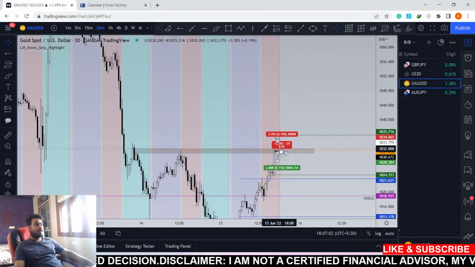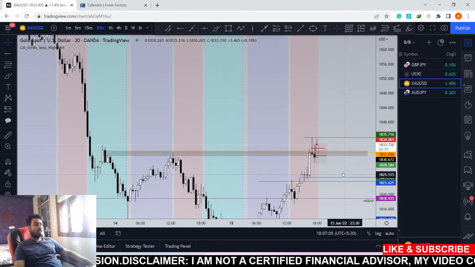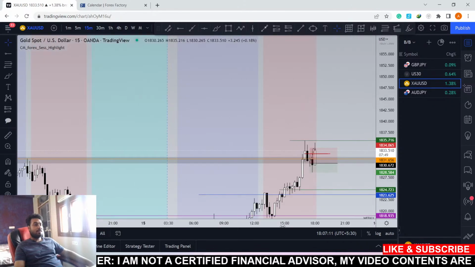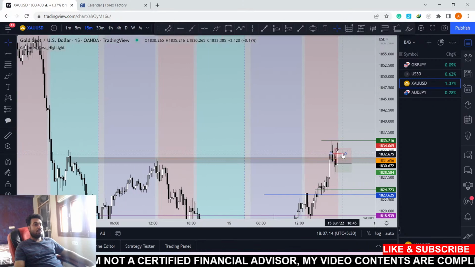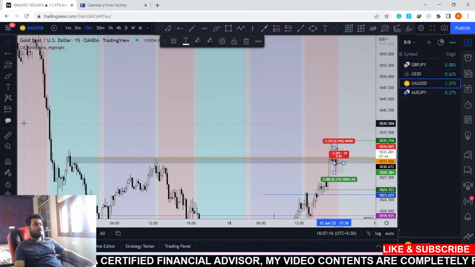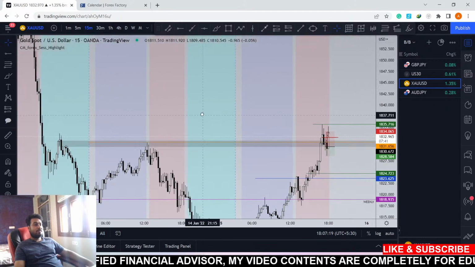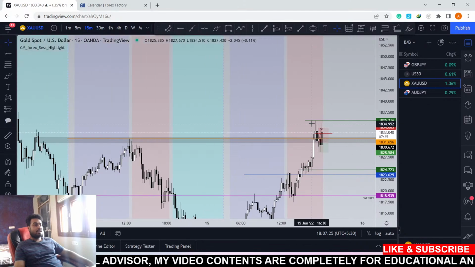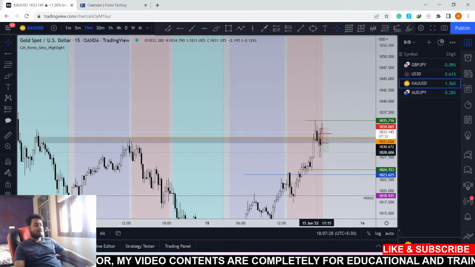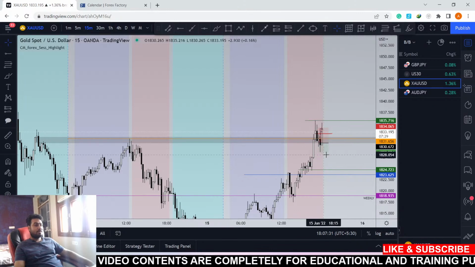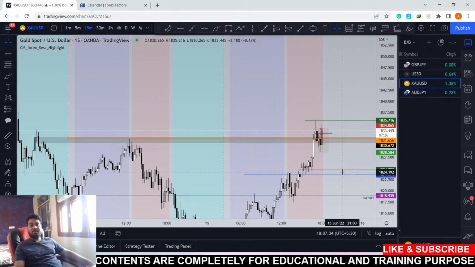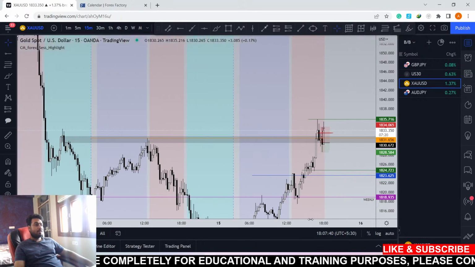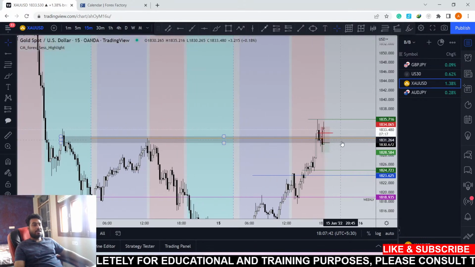What I'm expecting, if it continues its move to the upside and gives me a nice break, I would like to take a buying order in gold, because on the left side we have clear traffic. If it goes up and breaks it, then I will assume it was just a break and retest.